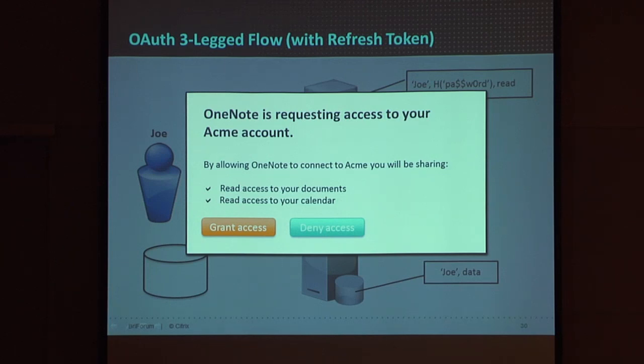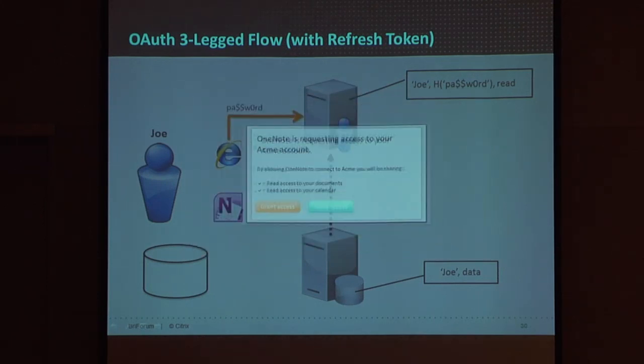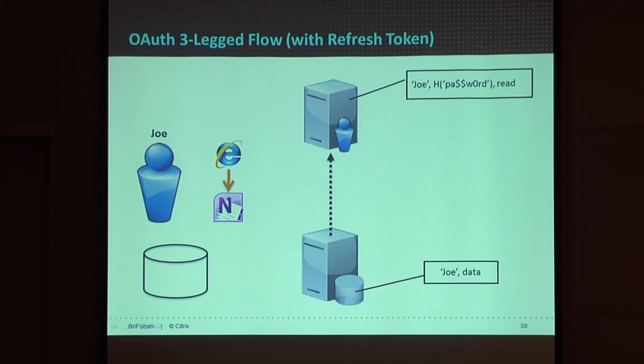So it'll talk about the consequences of what's going to happen, and the user agrees to this happening or not. If they agree to it, what comes back, and the browser passes this back to the application in some way. In the worst case, Joe actually has to take the code in the browser page and type it manually into the application. But usually there's an automated way.